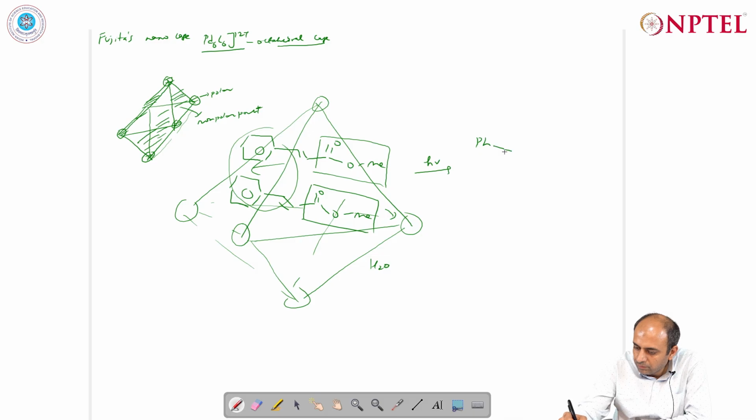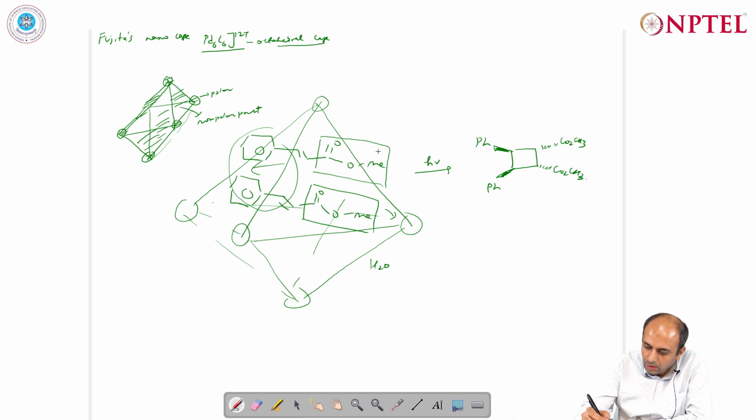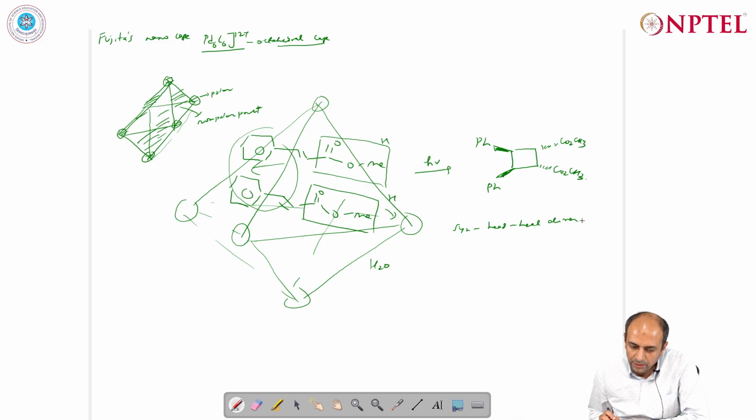You can look at the stereochemistry. This gives rise to the syn head to head dimer. So these kinds of cages can stabilize the reactant molecules, and then the products are formed.